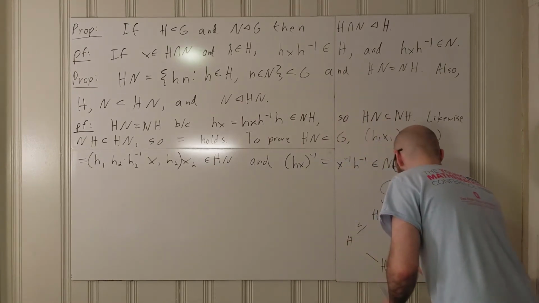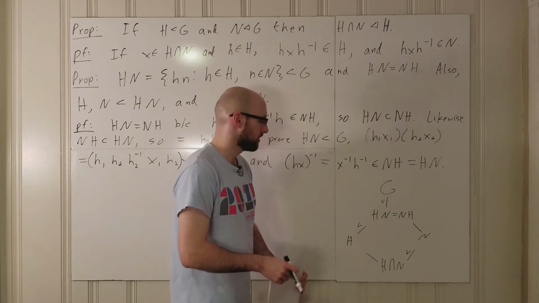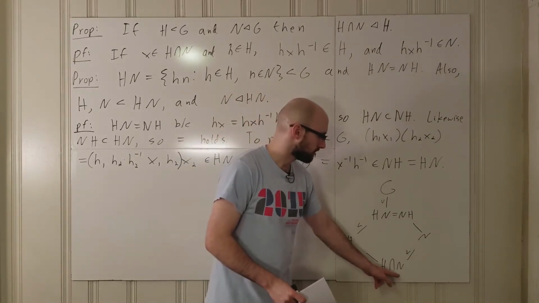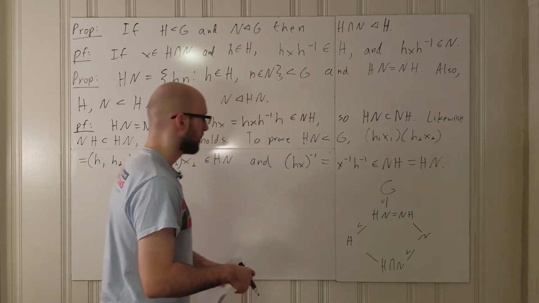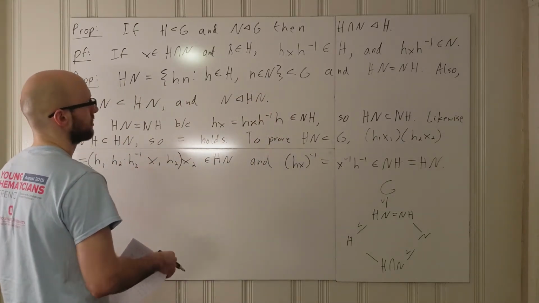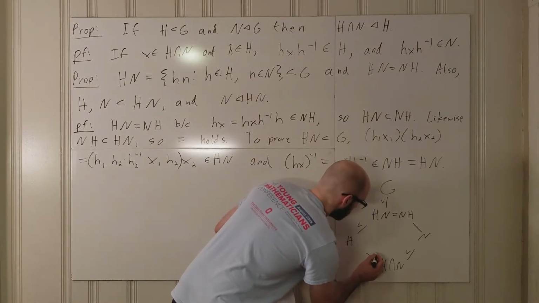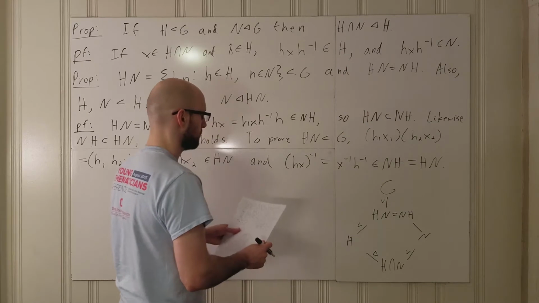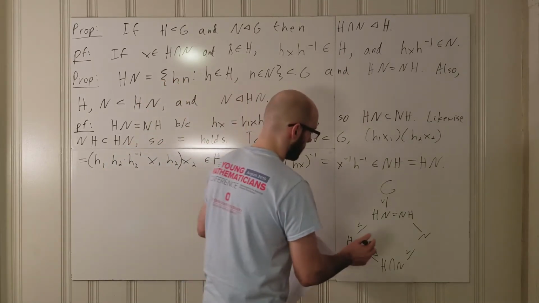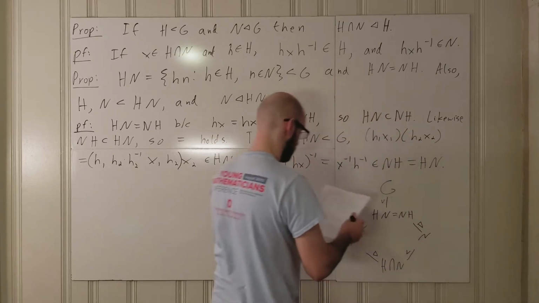Then H intersect N, the intersection of any two subgroups we know is a subgroup, and it's going to be contained in N, and so it's a subgroup of N. And then we proved up here that we have normality here. And then we also need to prove that N is normal in NH.